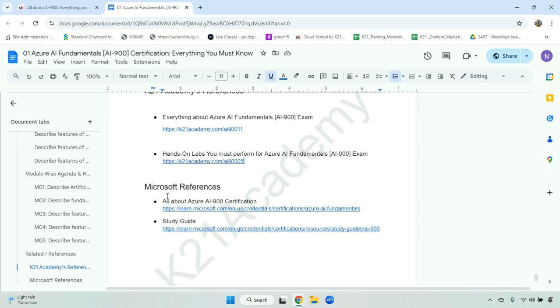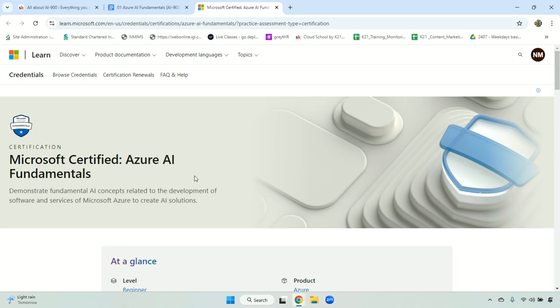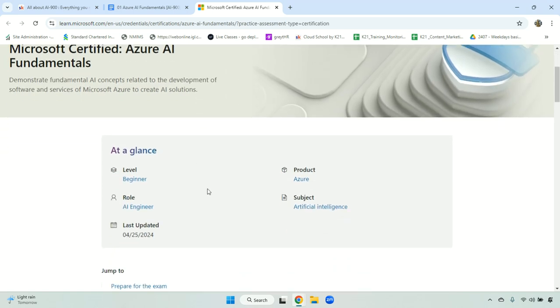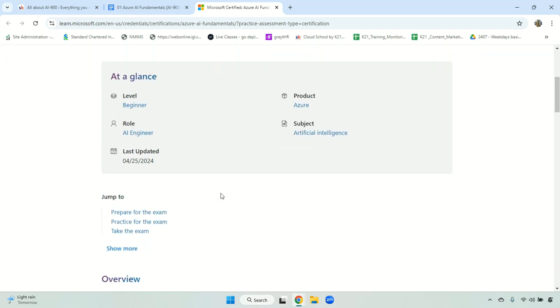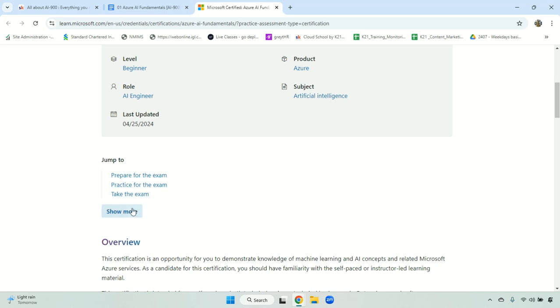Same way, we have also made sure to include some Microsoft references. If you want to go for the AI-900 certification, I'll just show you how it is going to look. As I said, it's basically for the AI engineer role. It's an AI fundamentals one, beginner level. You can see these sections are there.